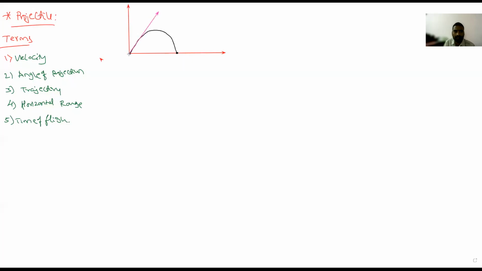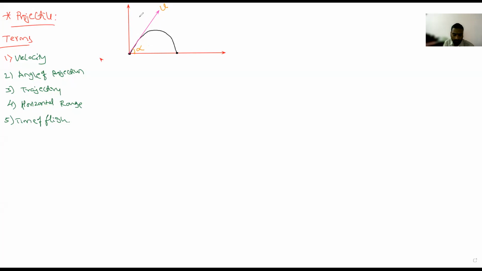This is the angle of projection, alpha. It moves with a velocity u.